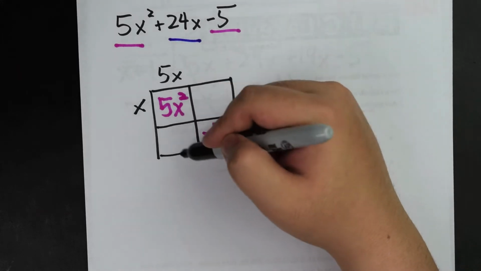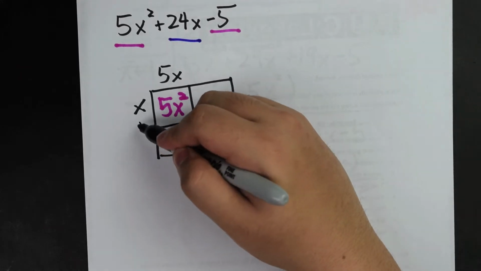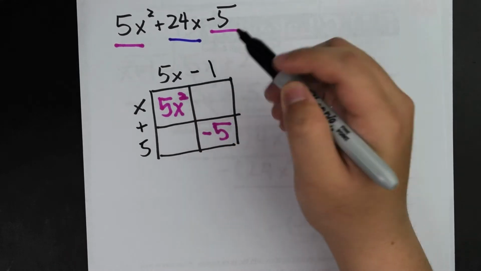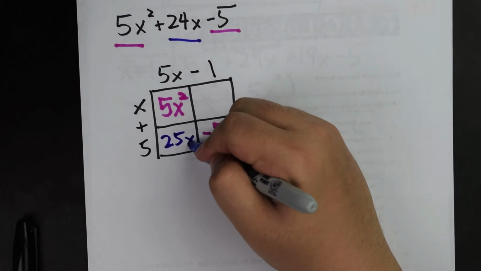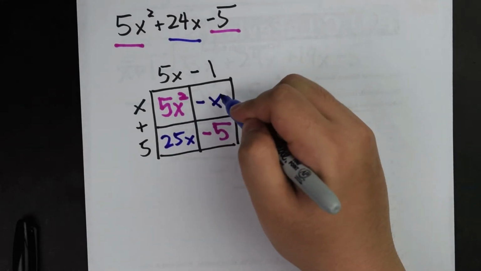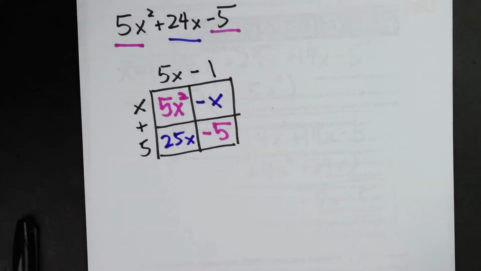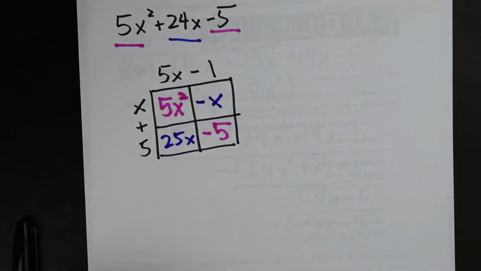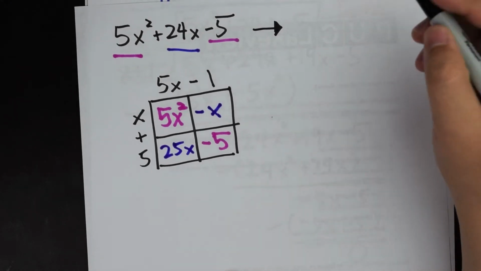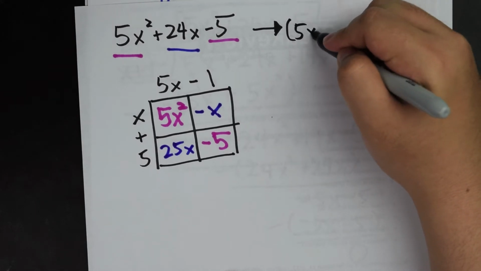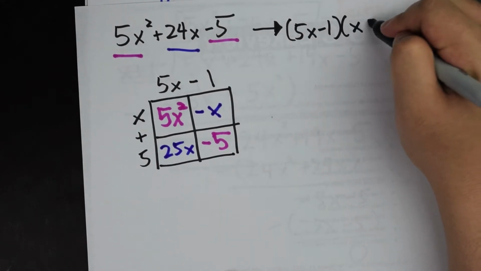No, that's not going to work. But if I put plus 5 minus 1 here, let's see what happens. So it's going to be 25x, and this is going to be negative x. And this right here is going to end up being 24x. So I know as a fact these are going to be my factors. So this will become 5x minus 1 and x plus 5.